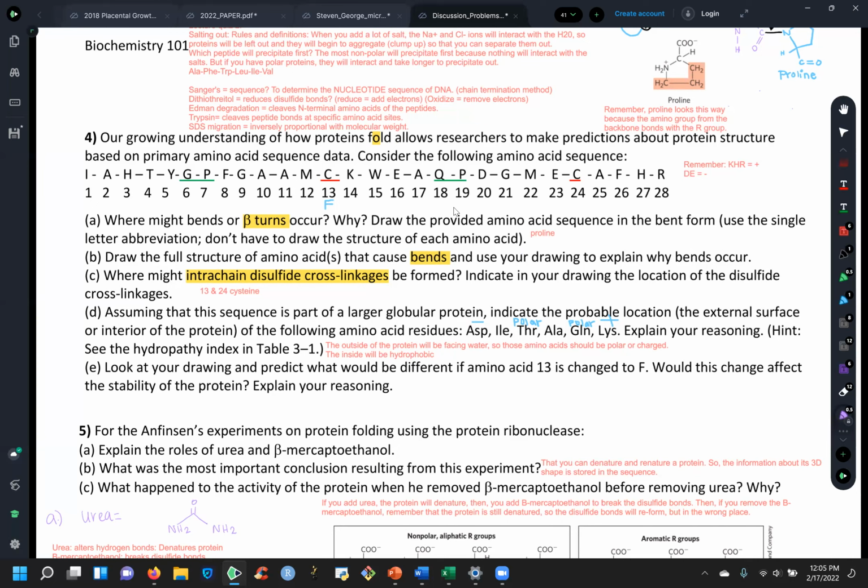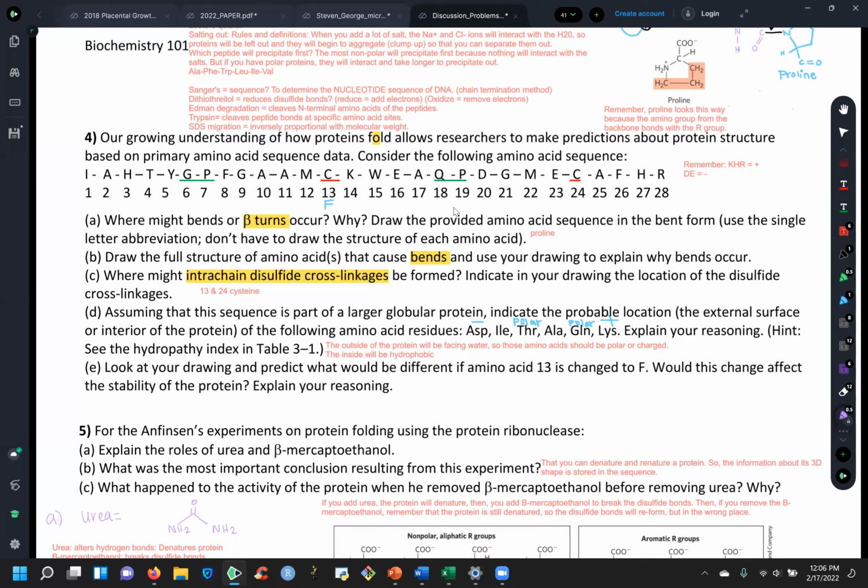Because he's so little and he's already kind of flipped, and then he's stuck in that because the nitrogen, this amino terminus, is attached to the R group. So it kind of folds and doesn't have free rotation about this axis. It's really sturdy, and that's why it's perfect for these turns.